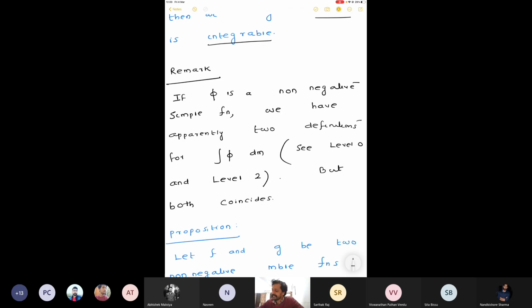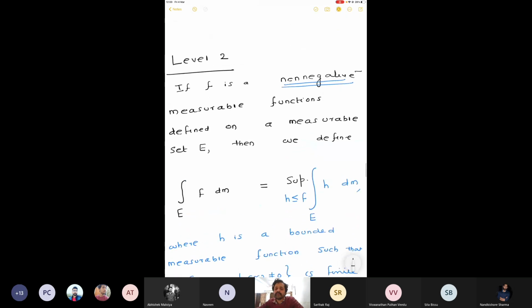That's what I'm saying. Apparently there are two definitions, because for level 0 you need only the expression for phi, the canonical expression or whatever it is. But if you approach through level 2, you are collecting all simple functions h less than or equal to f, and integrating each simple function.